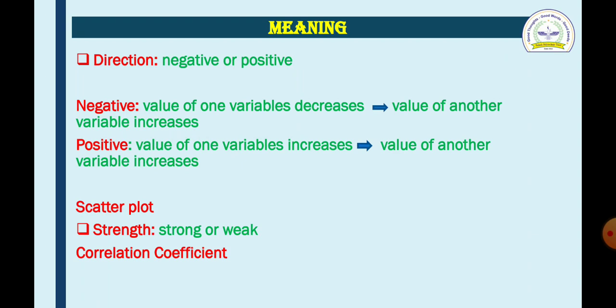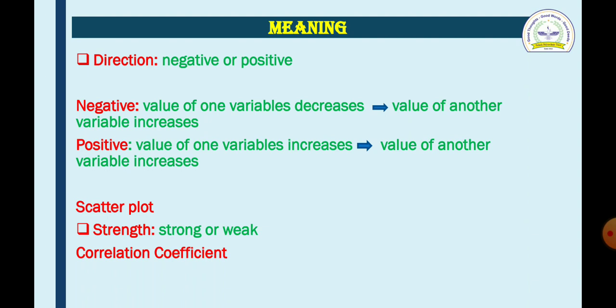A negative relationship between two variables means the value of one variable decreases as the value of the other variable increases. Here we can take the example of price and quantity demanded. As price increases, quantity demanded decreases. So, two variables are negatively related with each other.